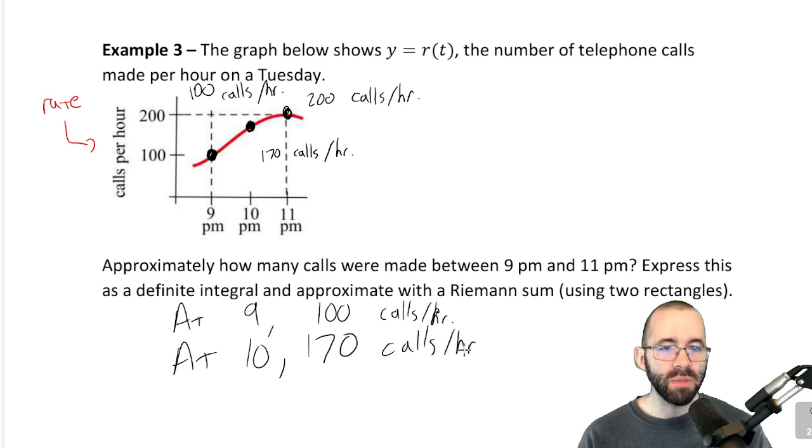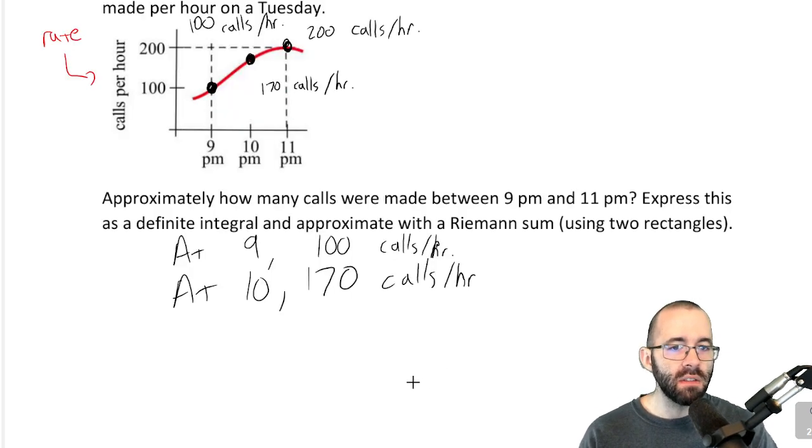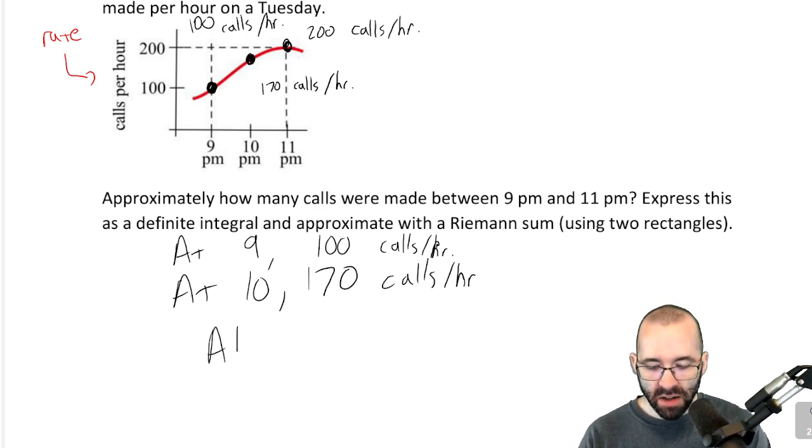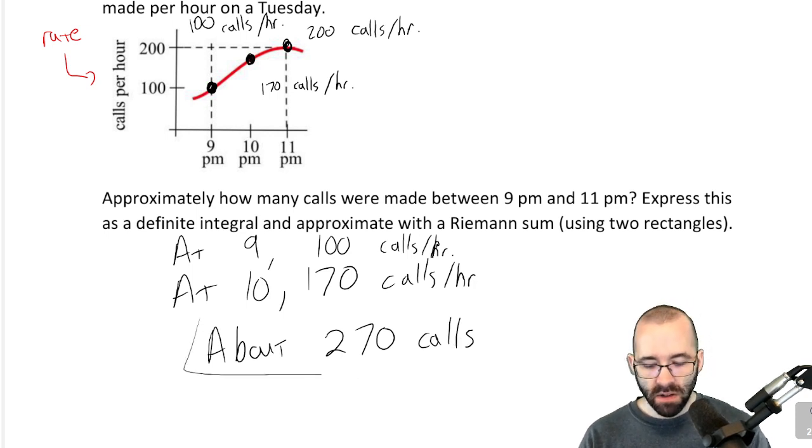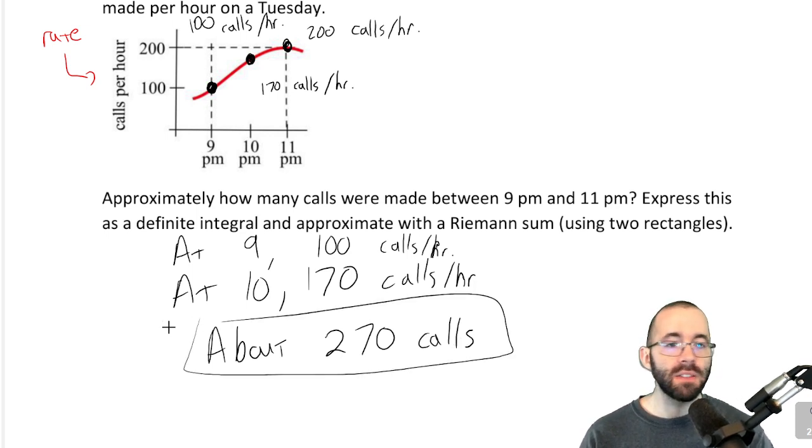So in that hour from 10 to 11, we assume about 170. So we can just make a little guess and approximate about 270 calls in those 2 hours. That's not calculus. No calculus. Just using what we know about how numbers work.